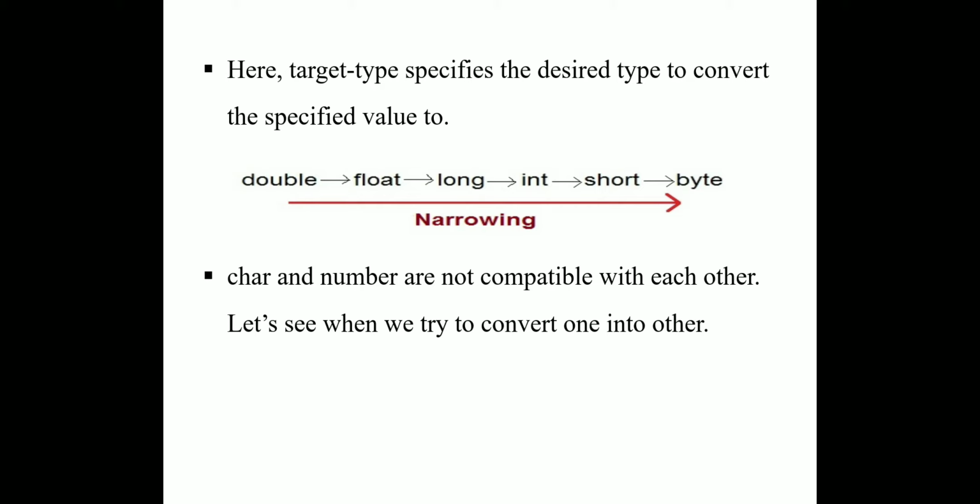It means the double data type can be easily converted with float, long, int, short, and byte, but not with byte character. Byte data type can be converted with double data type.